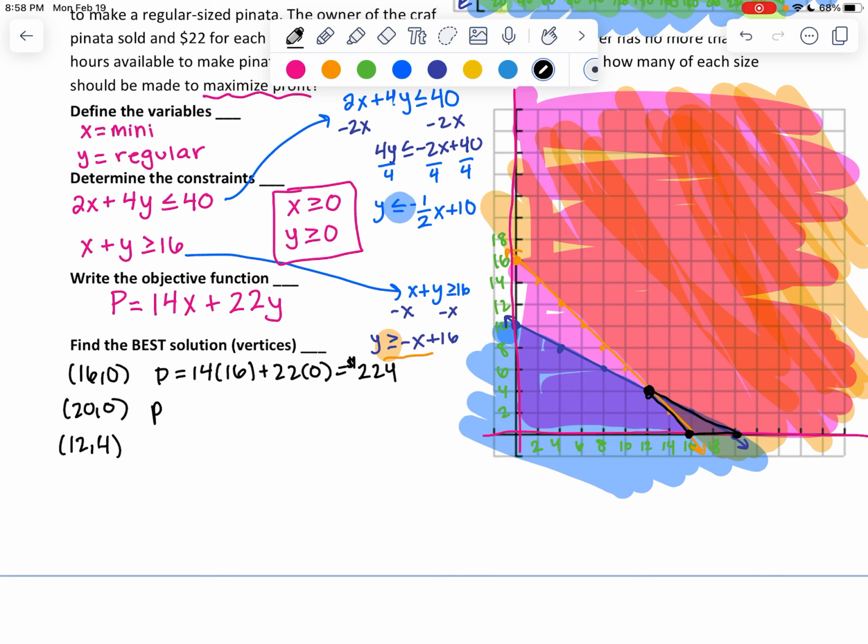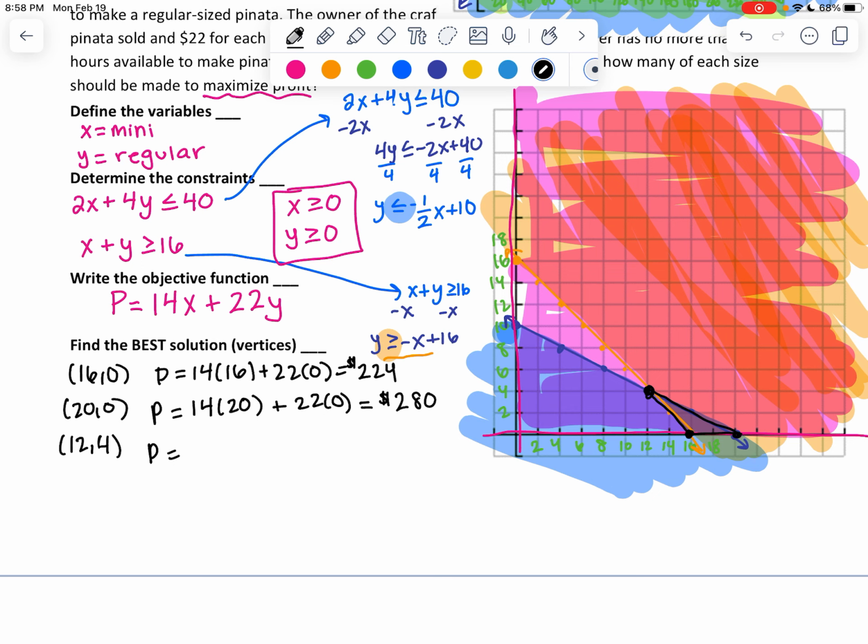The next one, this is 14 times 20 plus 22 times 0. So this would be making 20 mini piñatas and no regular size piñatas. He'd make $280.